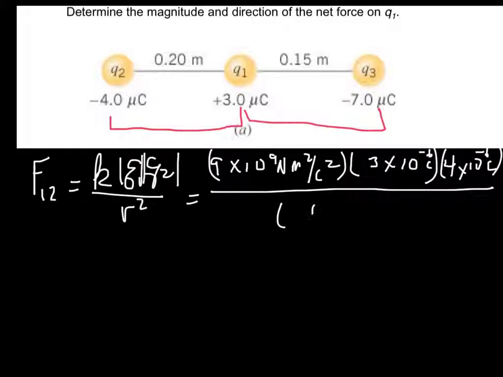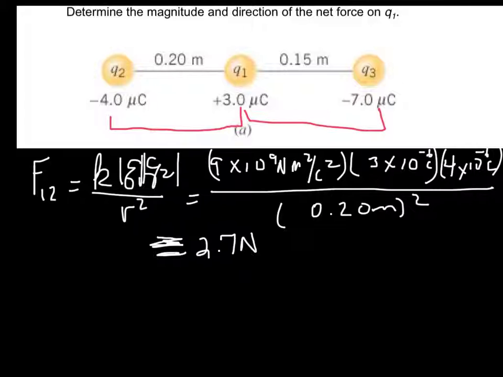Don't forget the square of the distance: 0.20 meters squared. Everything must be in coulombs and meters. So remember, microcoulombs is 10 to the minus 6. When we do the math, make sure you're doing the order of operations correctly. We should get 2.7 newtons of force between those two.